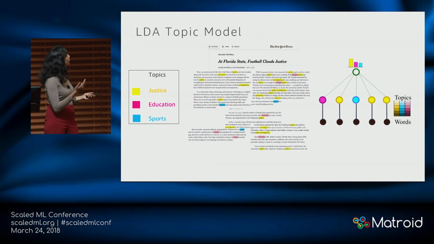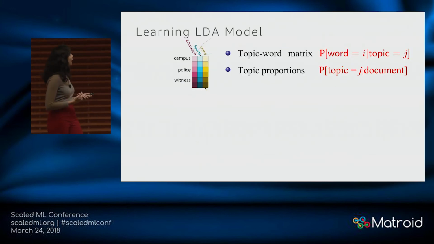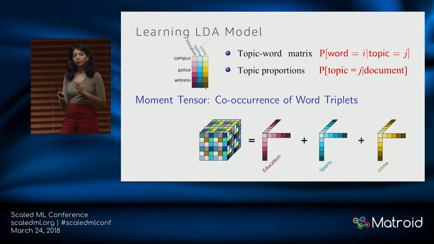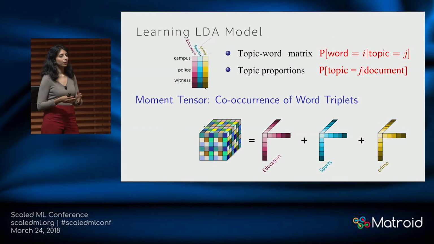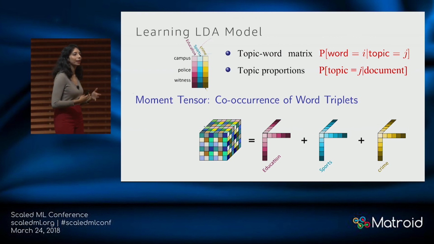So the latent Dirichlet allocation is the popular model for learning this. And we had a framework that looks at co-occurrences of words in the document, right? So what are the number of times different words co-occur? And if we look at triplets of different words together and we do a decomposition of the tensor, it turns out we can find topics efficiently.